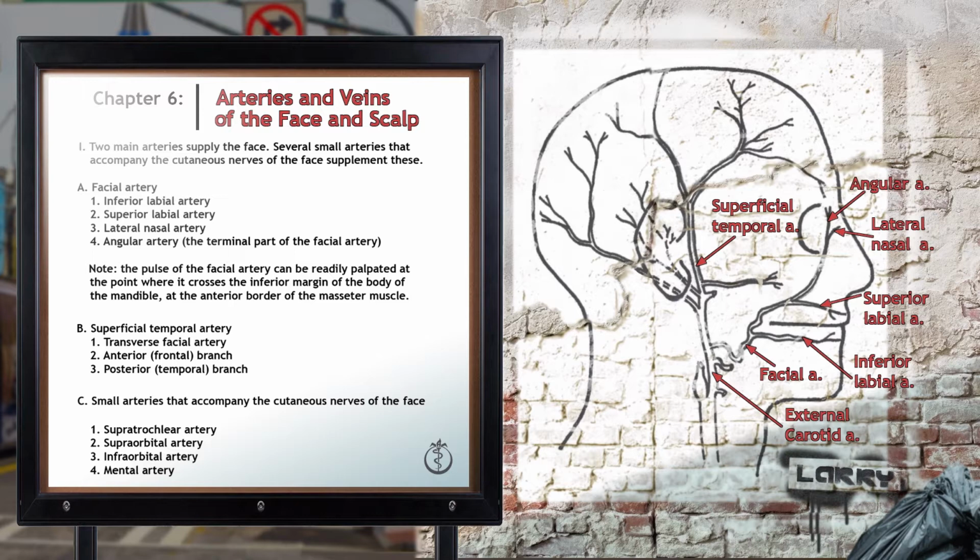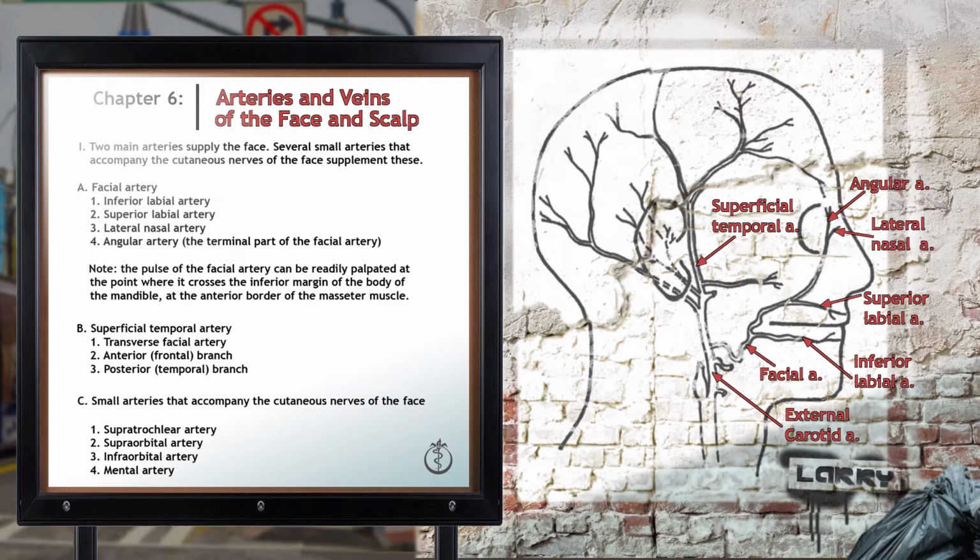The superficial temporal artery is one of the two terminal branches of the external carotid, the other one being the maxillary artery, which runs deep and forward across the deep aspect of the face into the infratemporal fossa.